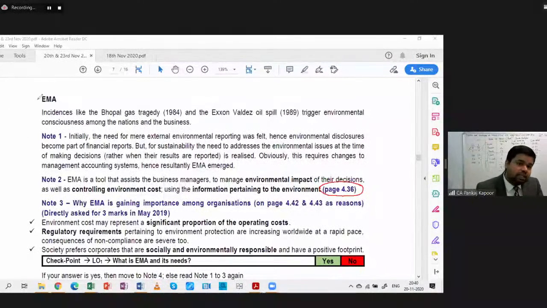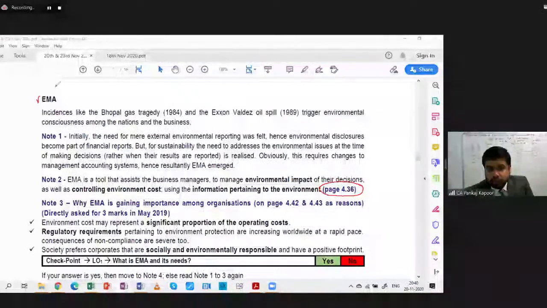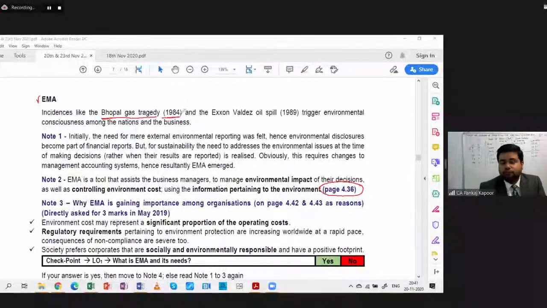I'm starting to tell a small story about the EMA. Friends, in the case of India, you might be aware of the Bhopal gas tragedy, what happened in 1984, and how the life of the people was threatened and actually damaged by the gas tragedy.